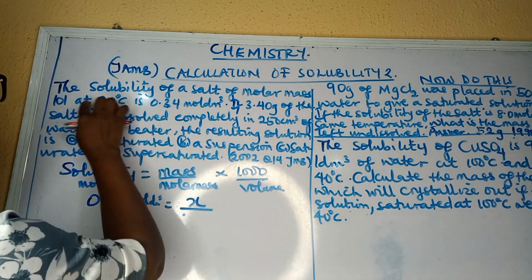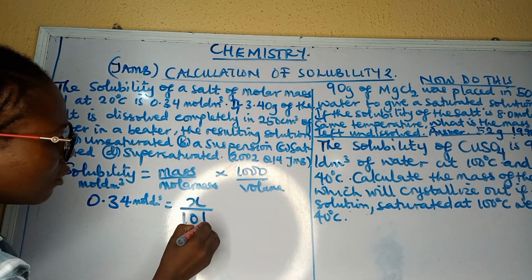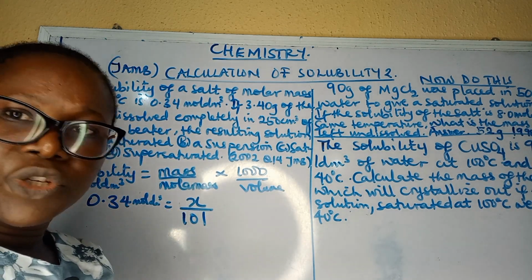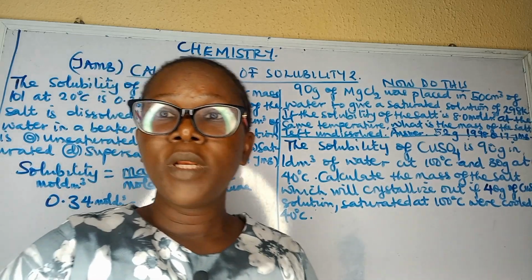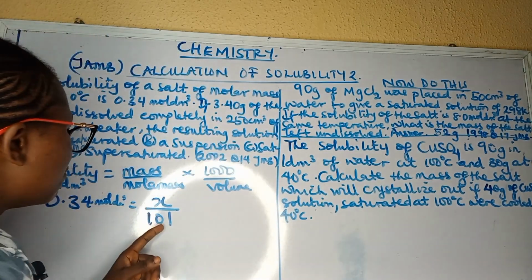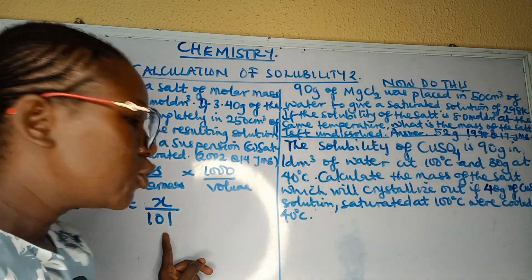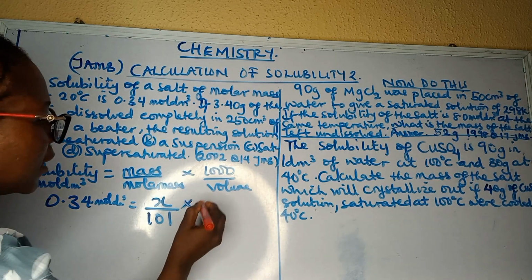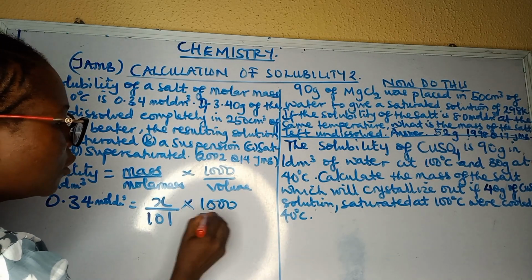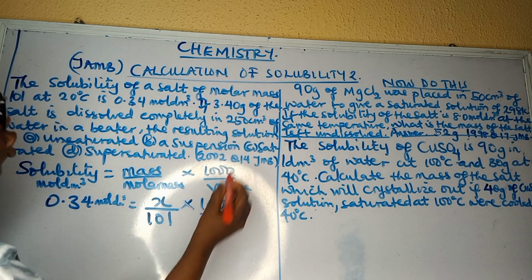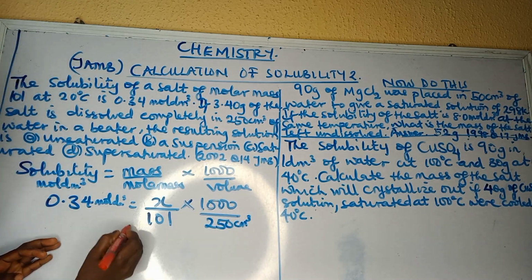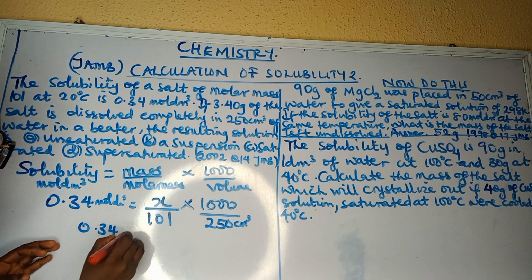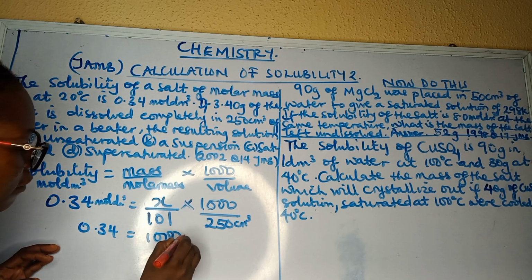And the molar mass of the salt has been given as 101 gram per mole, so you don't need to work it out. So in this case, the solubility has been given, and then the molar mass has also been given. So we will calculate x, and then we have 1000 in the formula over volume, which is 250 cm cube. Now, cross multiplying, we simplify the values.